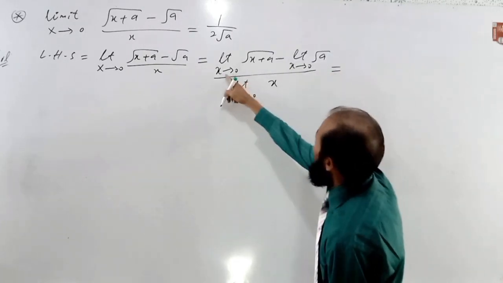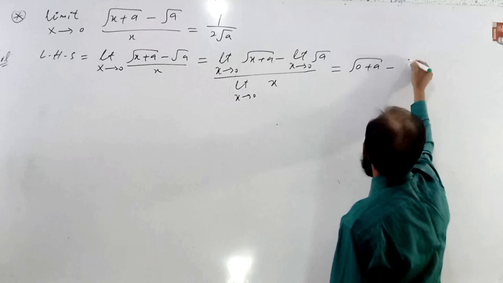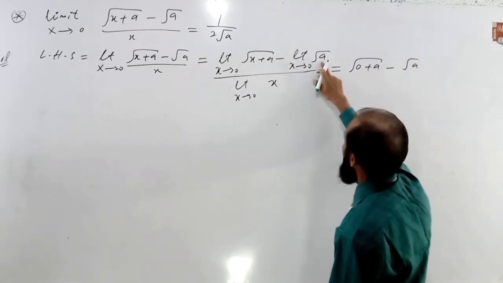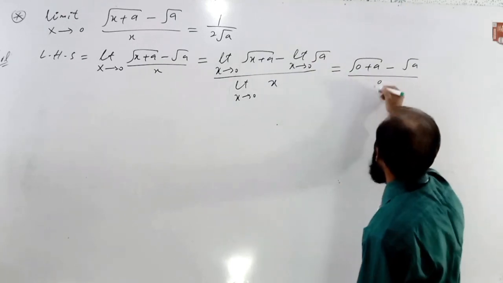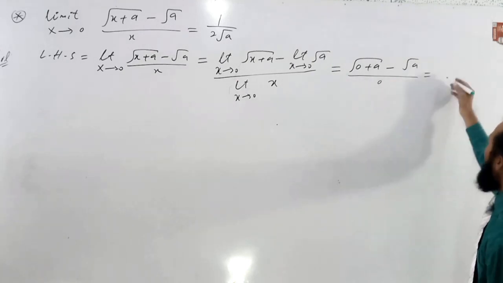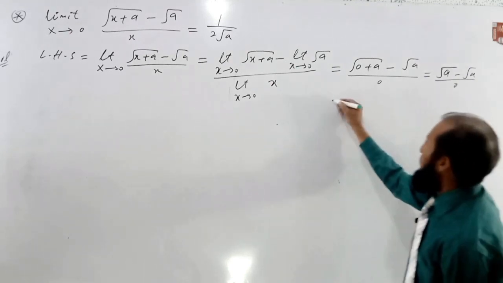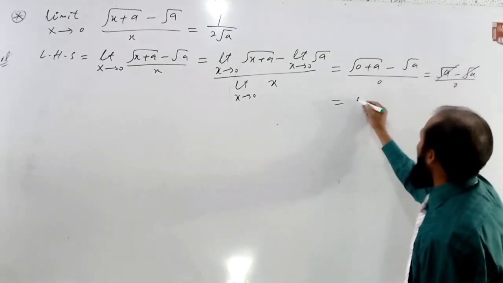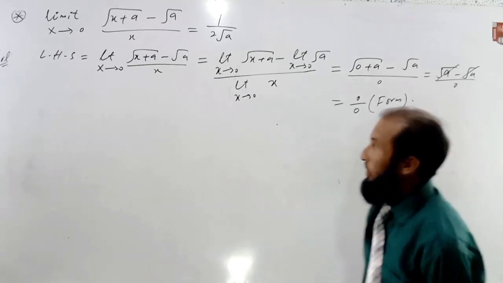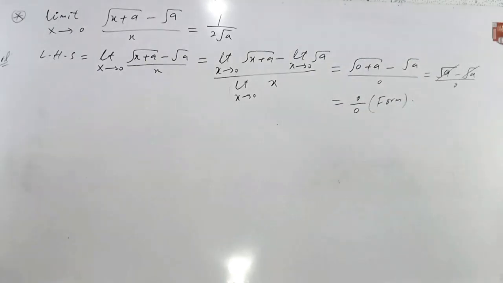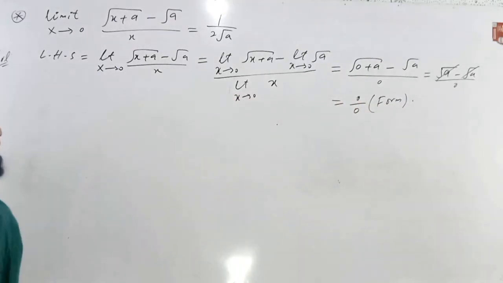We put 0 in the place of x: 0 plus a under root minus square root of a, where the constant rule applies because x is not present, divided by 0. What is the result? Square root of a minus square root of a divided by 0, both cancel, so the result is 0 divided by 0 form, which is undefined. We can use the factorization method, rationalization method, or substitution method according to the question.